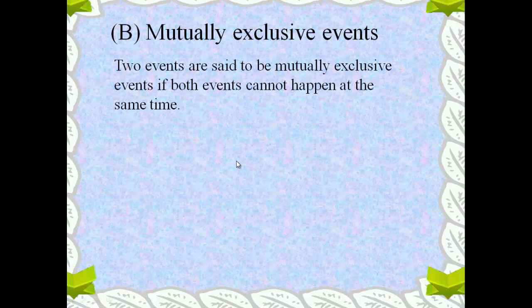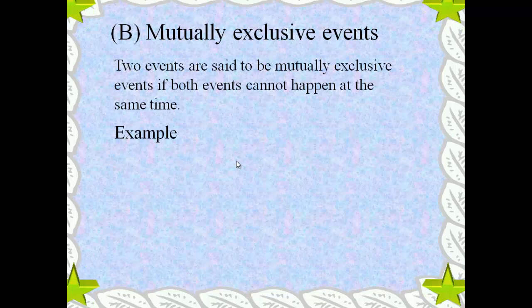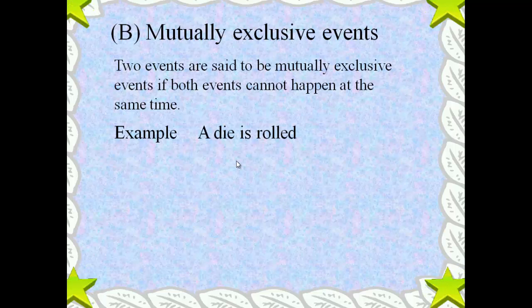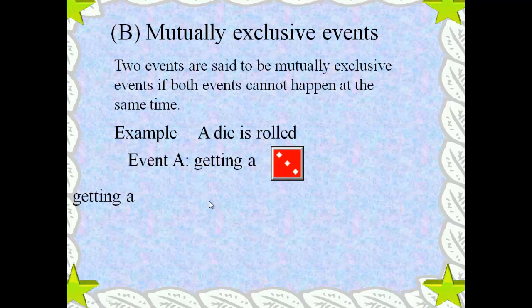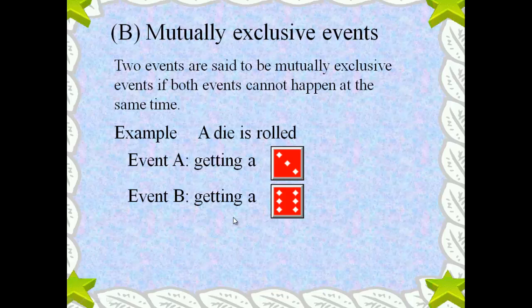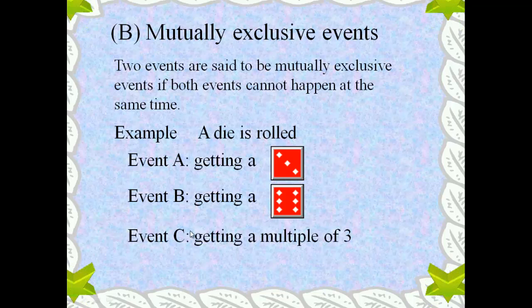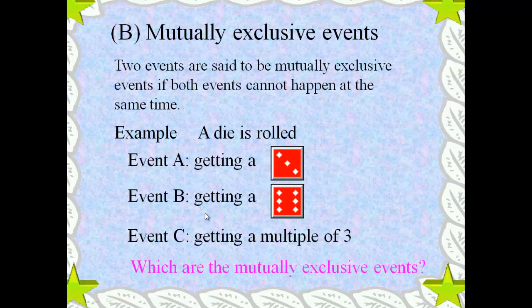Mutually exclusive events. If they can't happen together, they're mutually exclusive. For example, if we roll a die, event A is getting a 3, and event B is getting a 6. Event C is getting a multiple of 3.